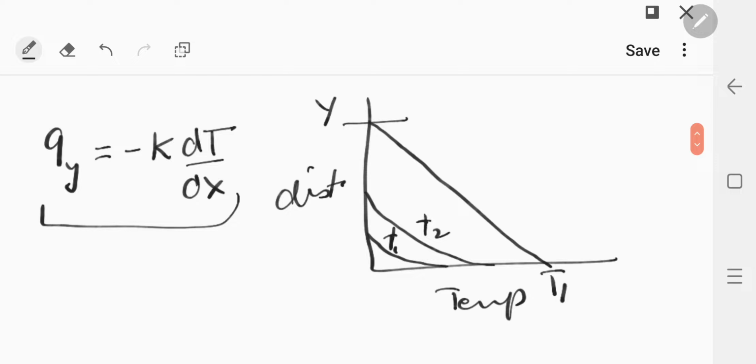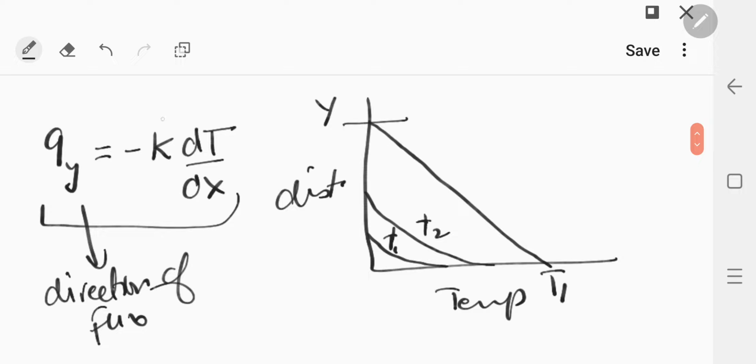Now y represents the direction in which the flux is moving. That's the direction of your flux. And the negative sign represents that the heat is actually flowing in the decreasing temperature direction.